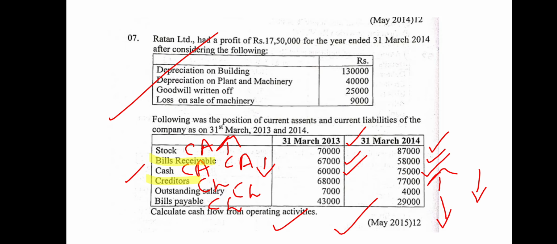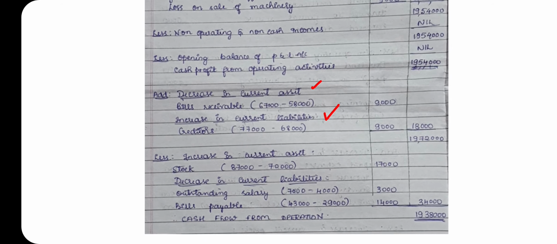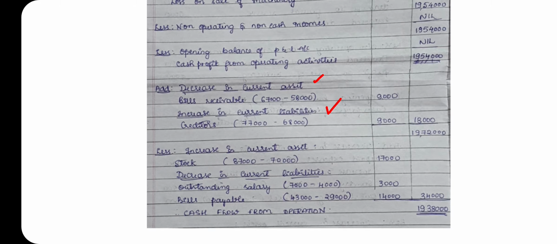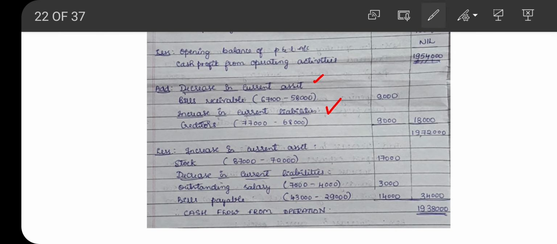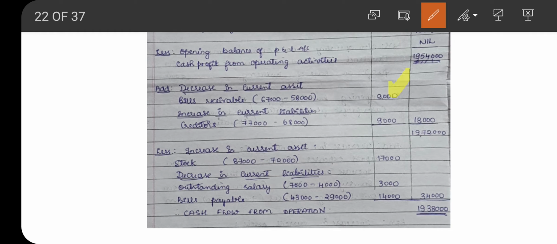Creditors. So decrease in the current asset, one item, and increase in the current liability, one item. Bills receivable, opening balance was 67,000, closing balance is 58,000. So there is a decrease of 9,000 rupees.